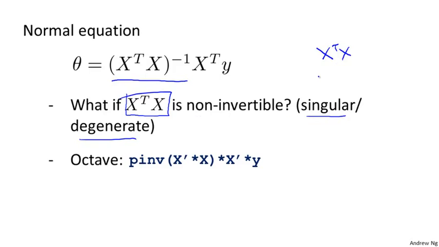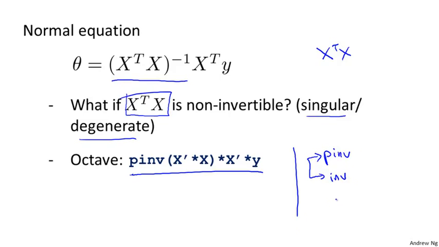And in Octave, if you implement this to compute theta, it turns out that this will actually do the right thing. I'm getting a little technical now, and I don't want to go into the details, but Octave has two functions for inverting matrices. One is called pinv, and the other is called inv. The differences between these two are somewhat technical: one's called the pseudo-inverse, one's called the inverse.